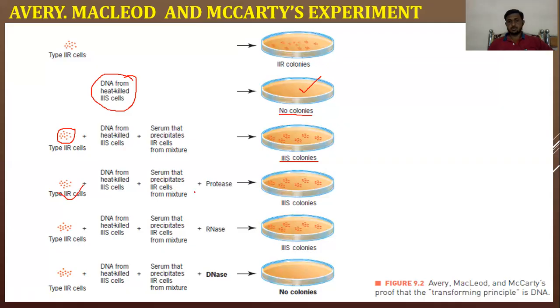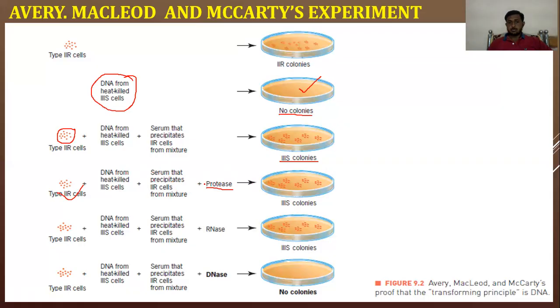Again the stage is common, plus they mixed that mixture with protease. Protease is an enzyme which degrades proteins, a protein-degrading enzyme, and they inoculated that mixture on the nutrient agar plate. Again, they observed S type colonies.